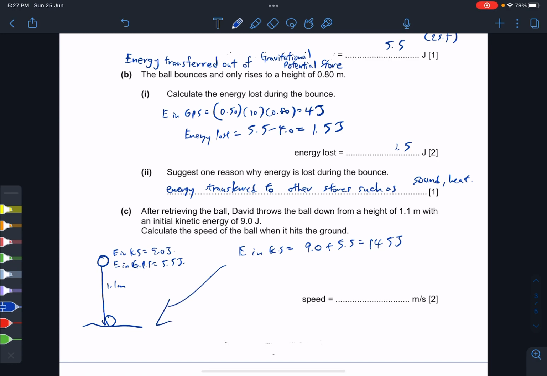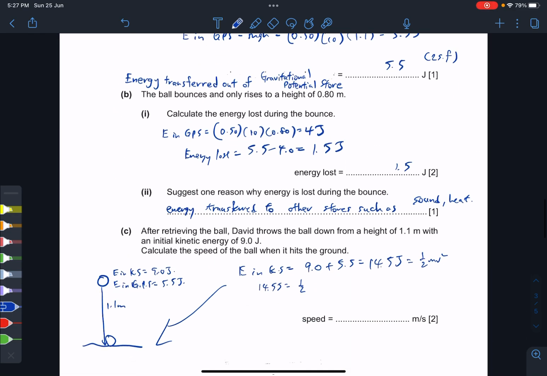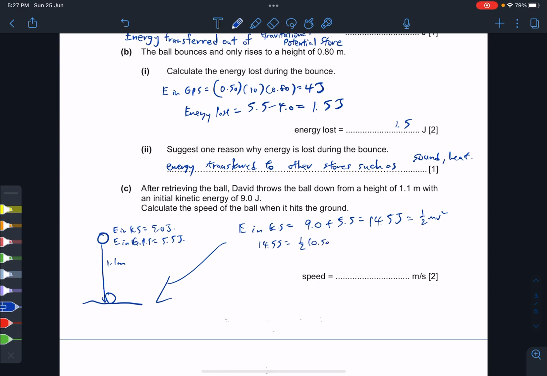This is at the bottom. So your energy that is originally in the gravitational potential store transfers to energy in the kinetic store, and the original kinetic store. And we know that this is equivalent to half mv squared. That's the formula for energy in the kinetic store. So 14.5 equals half times mass, mass is 0.5, times v squared.